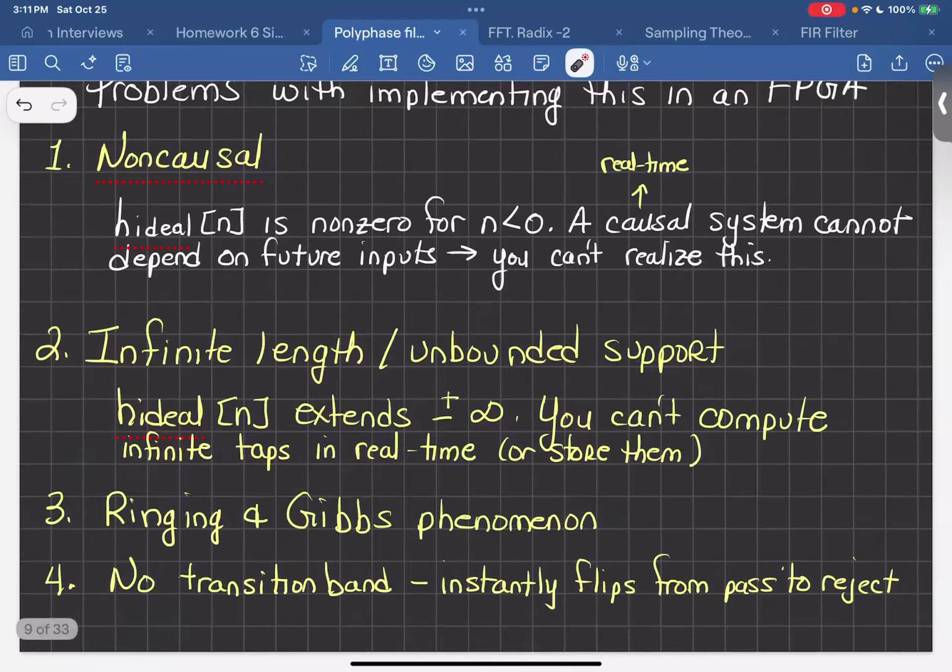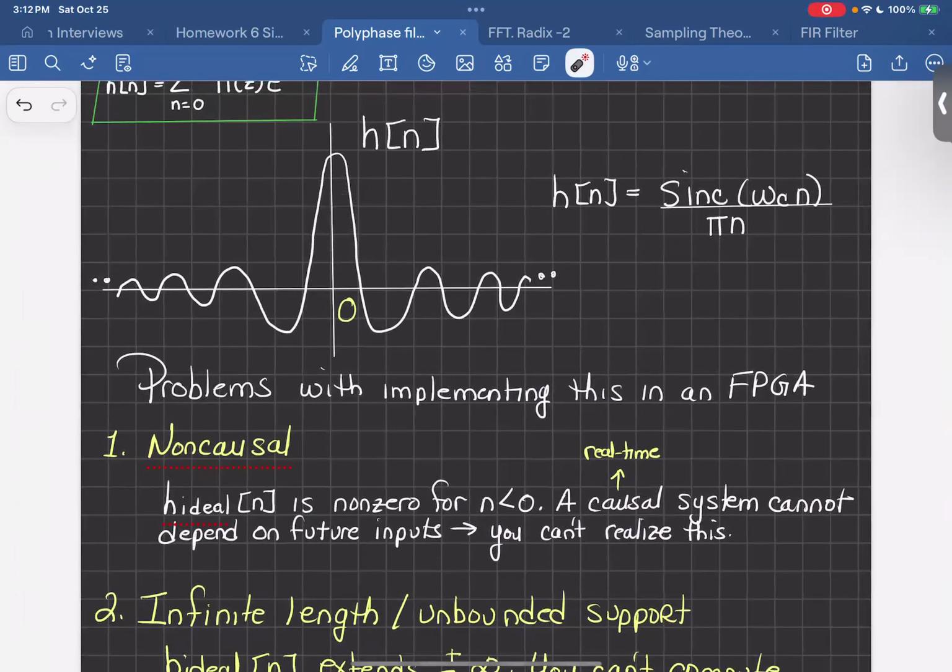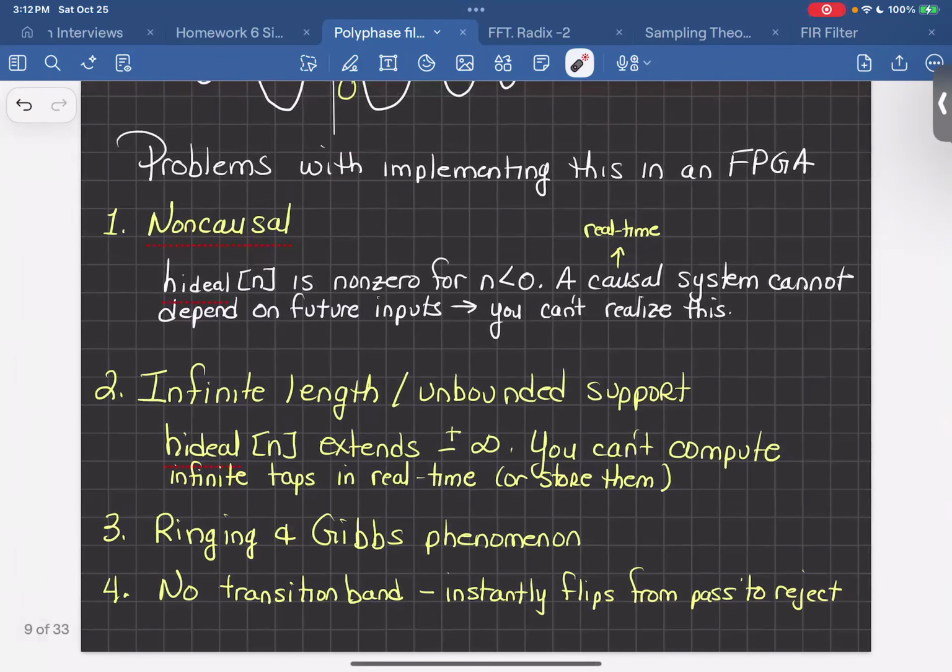So we cannot store an infinite length impulse response, because remember, this impulse response is composed of the filter coefficients that are the lines here, and I store each of these filter coefficients inside of my FPGA. And if it's an infinite amount of them, there's not enough storage, okay?